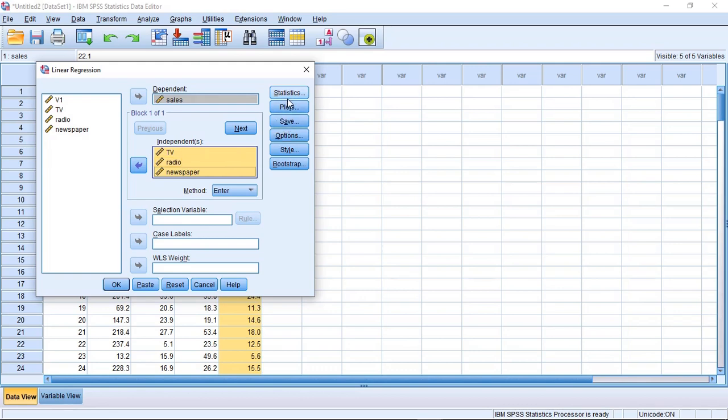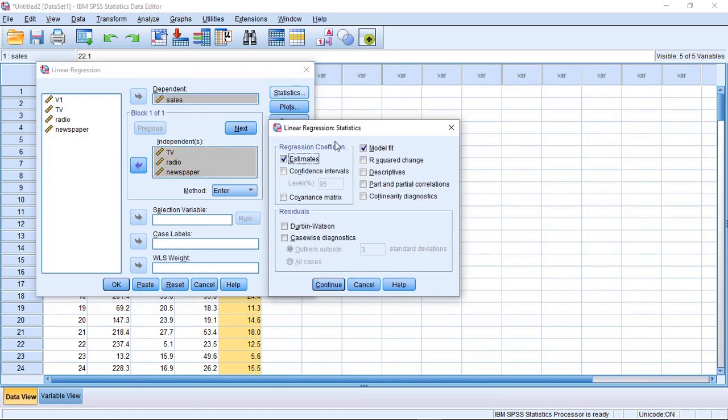After that, we go to the statistics window. We want our model to be at 95% confidence, which means the level of significance will be 5%. We also want the descriptives, where maybe we want to find the average sales and the sample size, right?